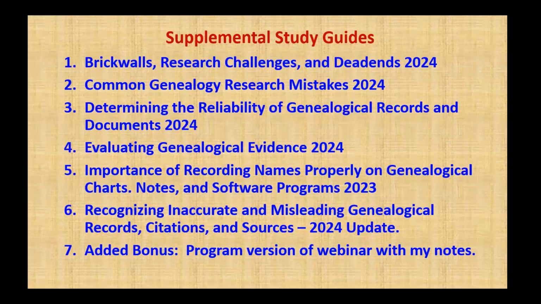But all of these other study guides will give you information related to the topic we're talking about today, especially the two that a lot of people find the most popular of all of these: number 2, the common genealogy research mistakes, and also the one determining the reliability of genealogical records and documents.